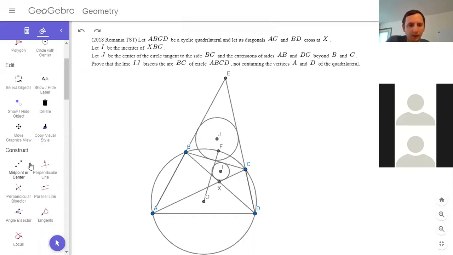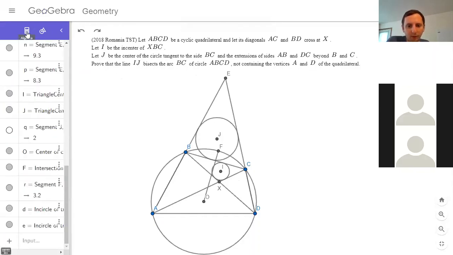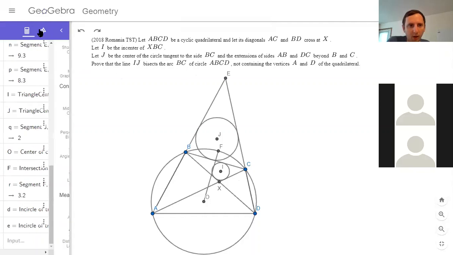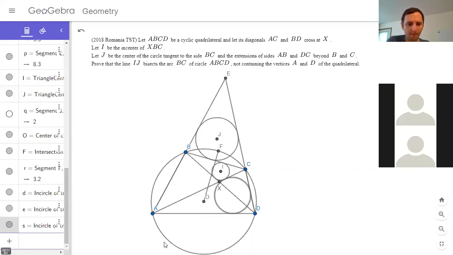Let me try to draw the mixtilinear incircle.